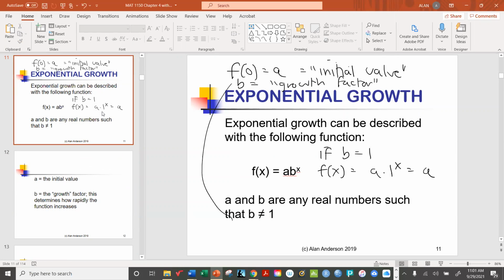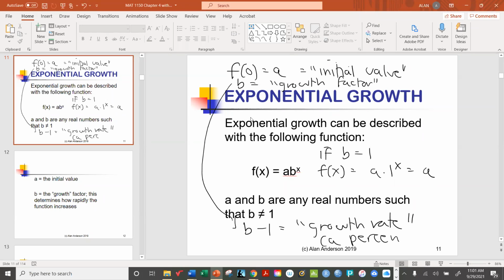And related to this, B minus 1 would be the growth rate, which is a percentage. Okay, so we'll see when we go into these examples what I mean.